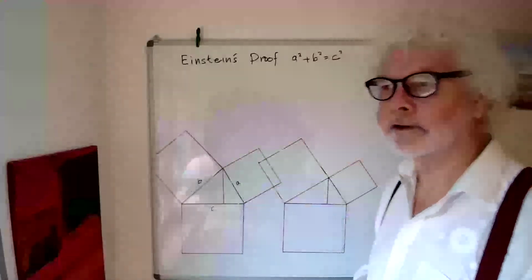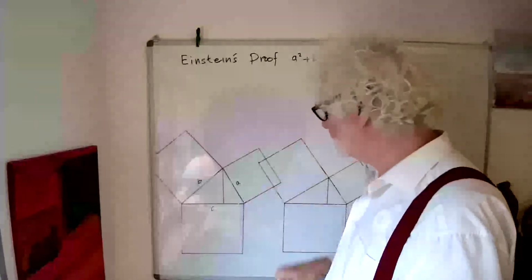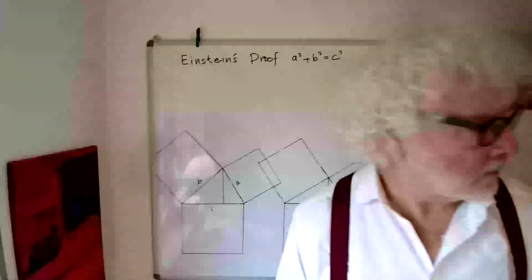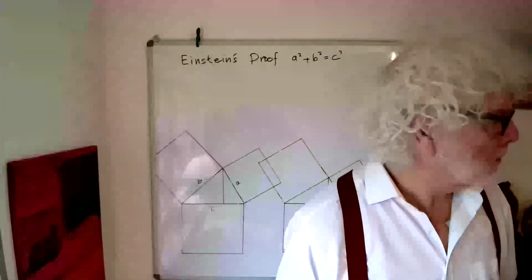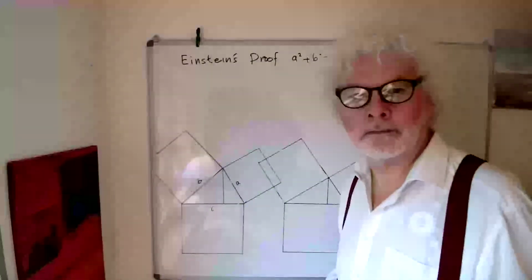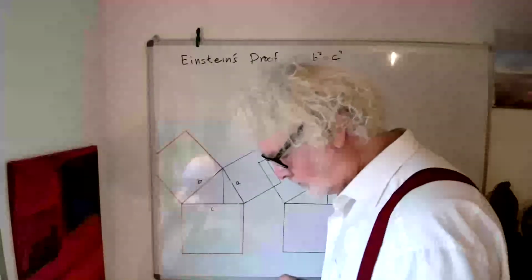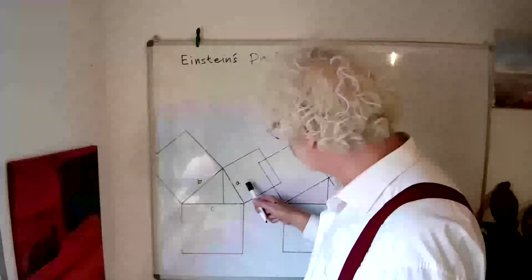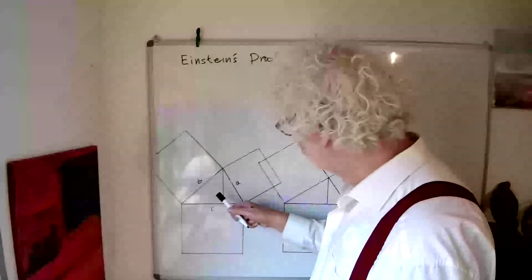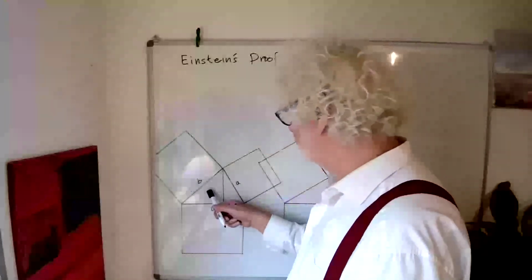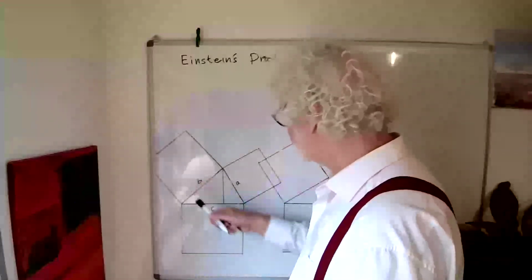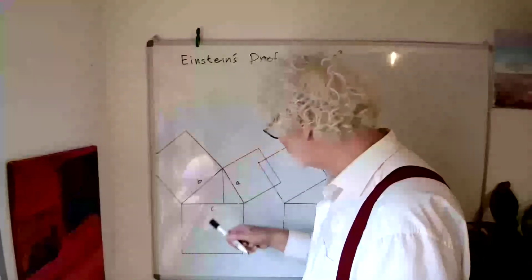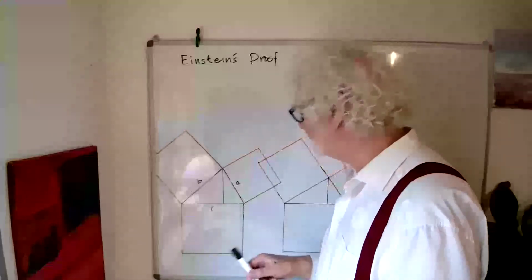There is a ratio in areas between the triangle and the square. There's a ratio between the area of this triangle and the area of this square, a different ratio between this triangle and this square, and a yet different ratio between the biggest triangle and the biggest square.